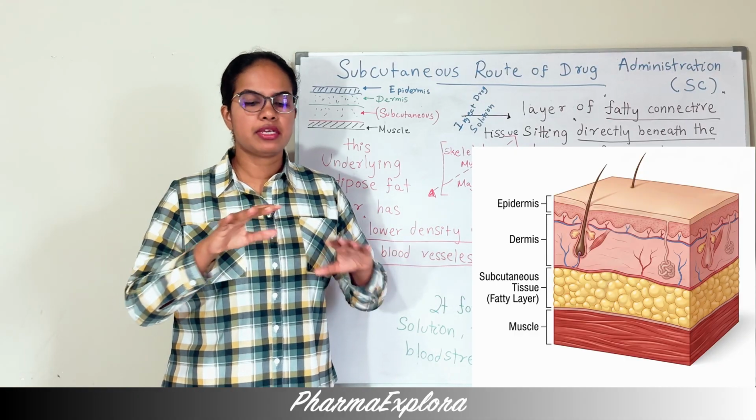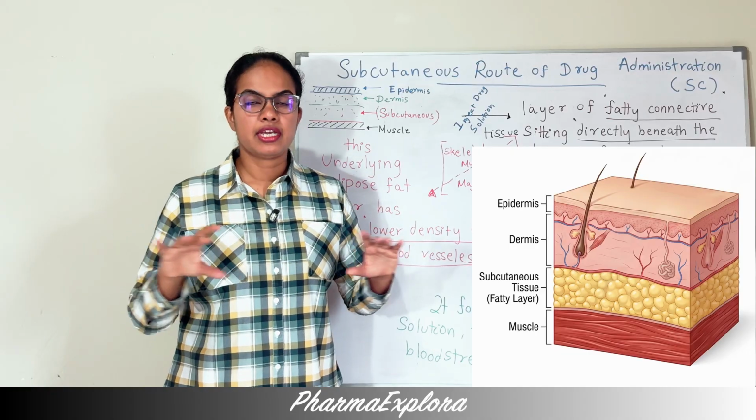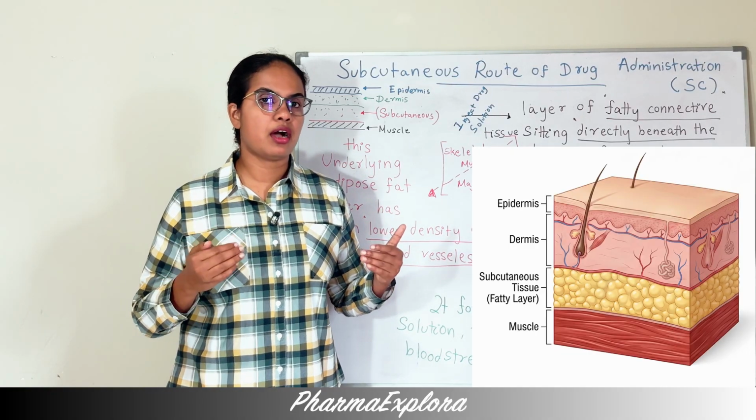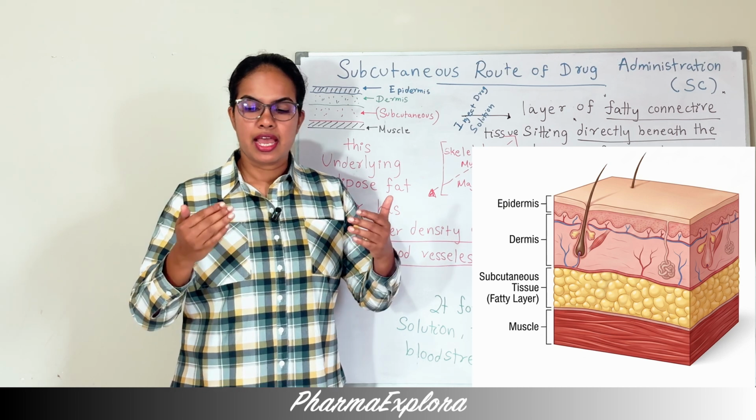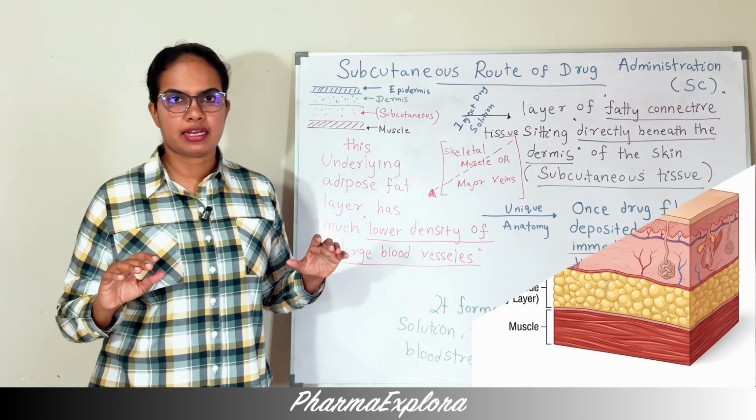Just beneath the epidermis, you will find the dermis. And below the dermis, you will find the subcutaneous tissue, which is relevant for today's discussion. And below the subcutaneous tissue, you will find the muscle.